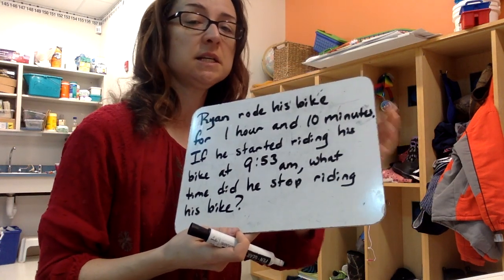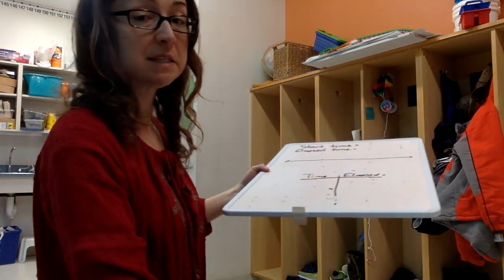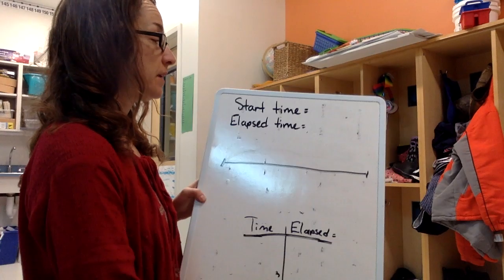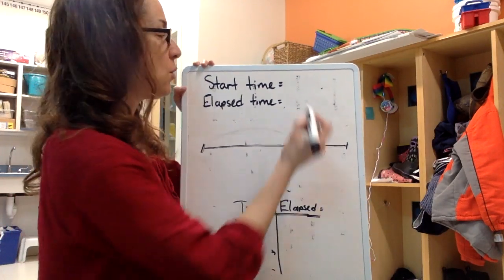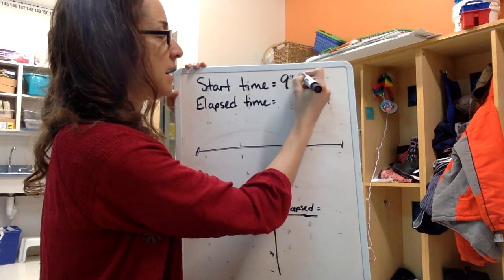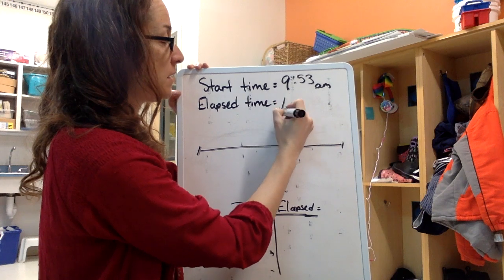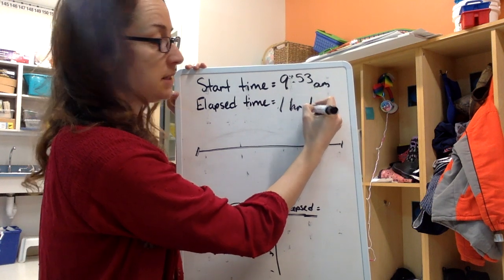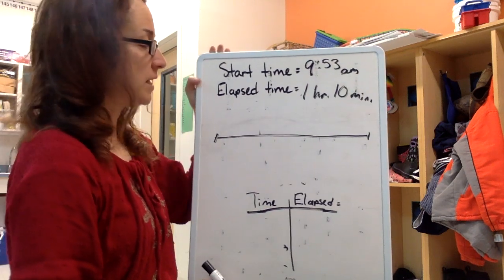So this is another situation where we need to look at our minutes and decide what our end time is. And that's me giving you a hint right now. So our start time is 9:53 a.m. and our elapsed time is 1 hour and 10 minutes. All right, so let's begin.